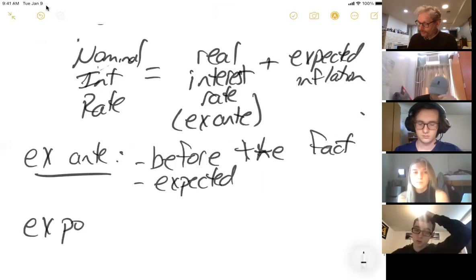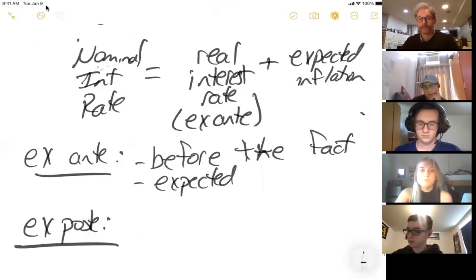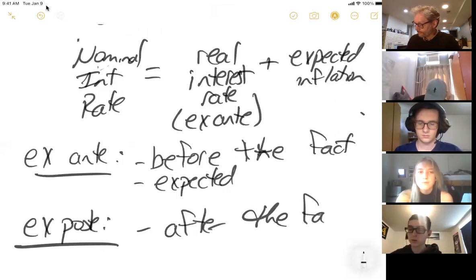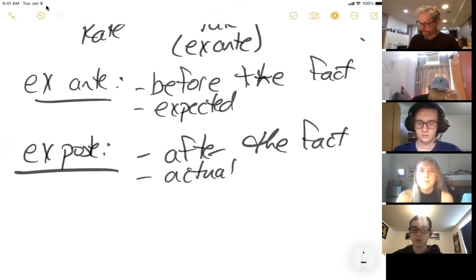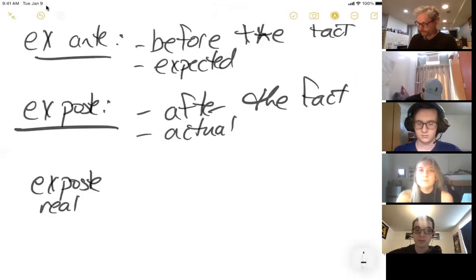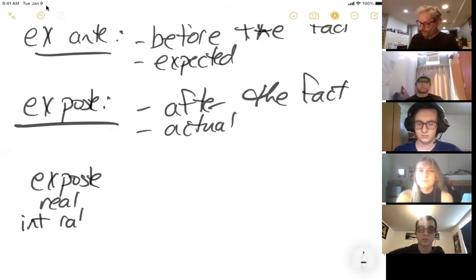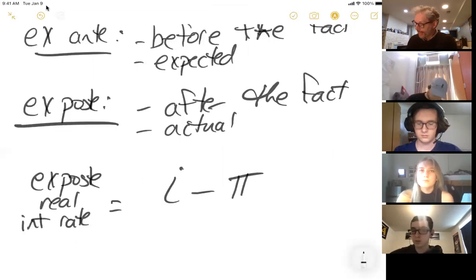In other words, unexpected inflation could impact your ex post return, meaning after the fact, or your actual return. The ex post real interest rate is just the nominal interest rate minus actual inflation.